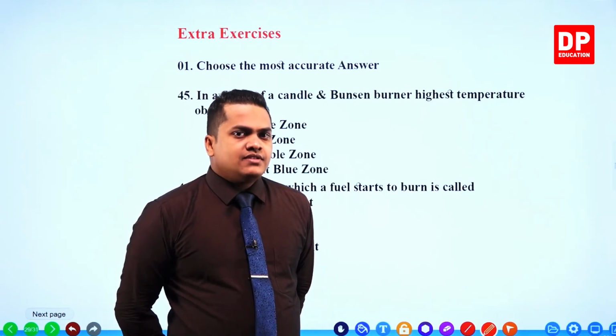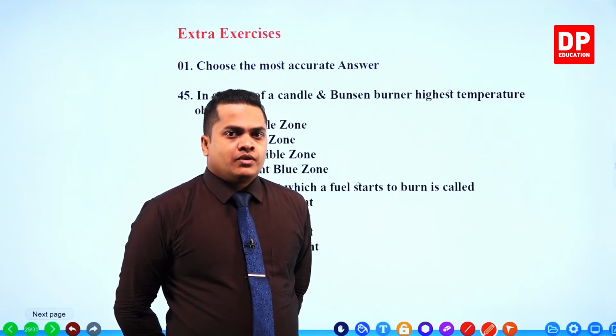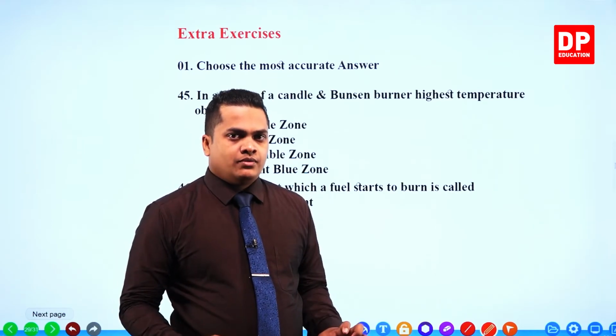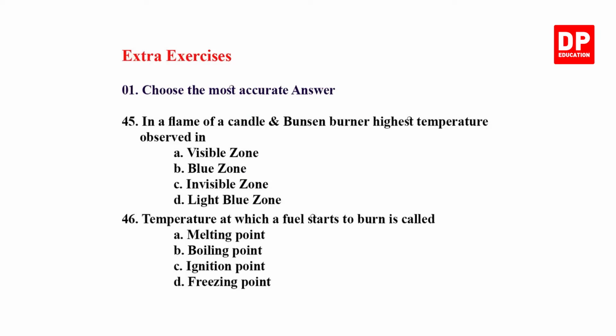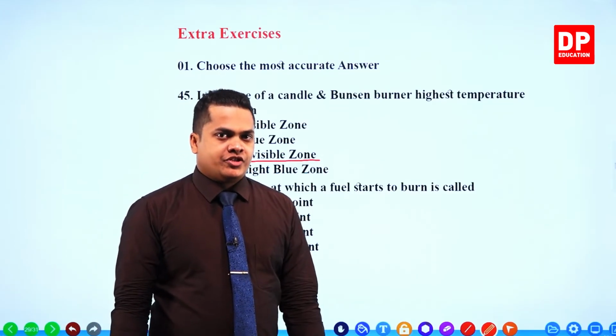Even with the Bunsen flame, it is the same. At the barely visible zone or invisible zone, you can observe the highest temperature, right? So the correct answer would be the invisible zone or barely visible zone. Right, so let's move on with the next question.